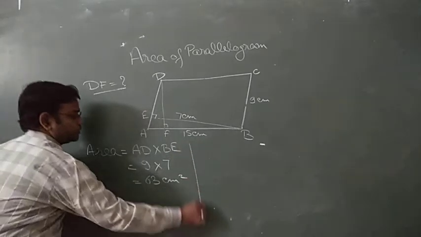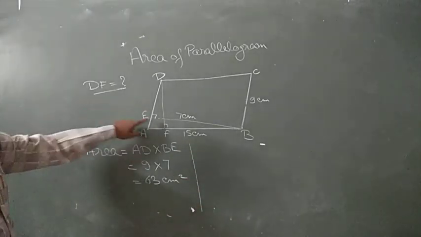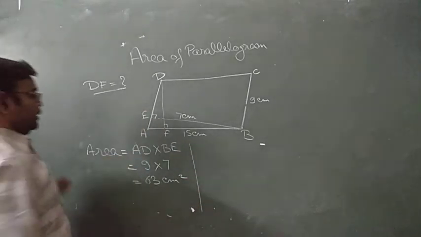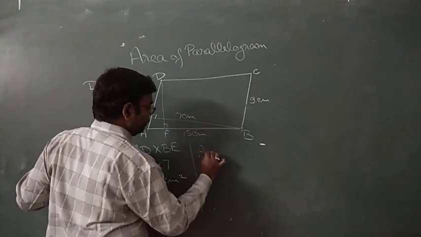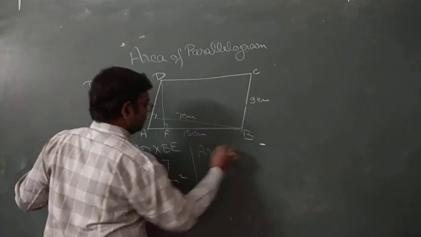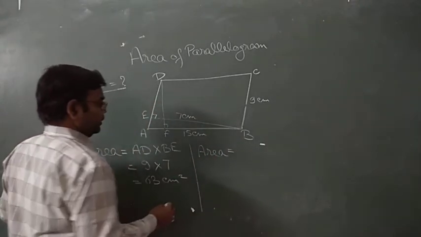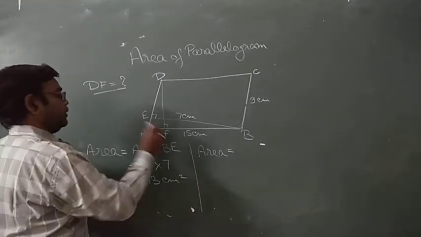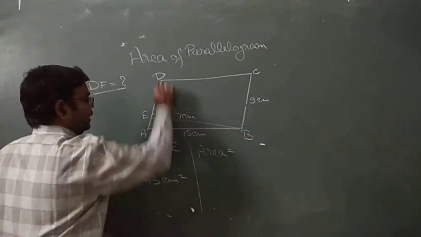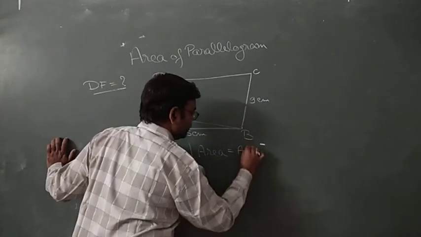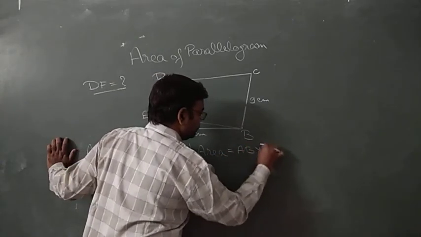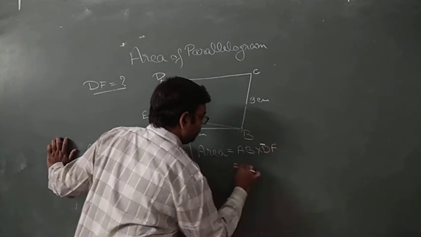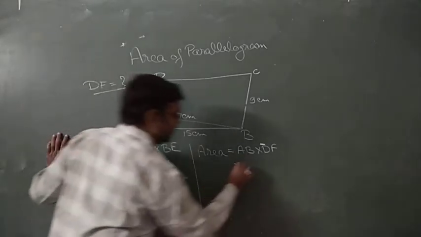Now again, the question asks about DF, this one. As we know, the area of a parallelogram is always the same. Here area equals AB into DF. AB into DF. What is the value of AB? It's 15.